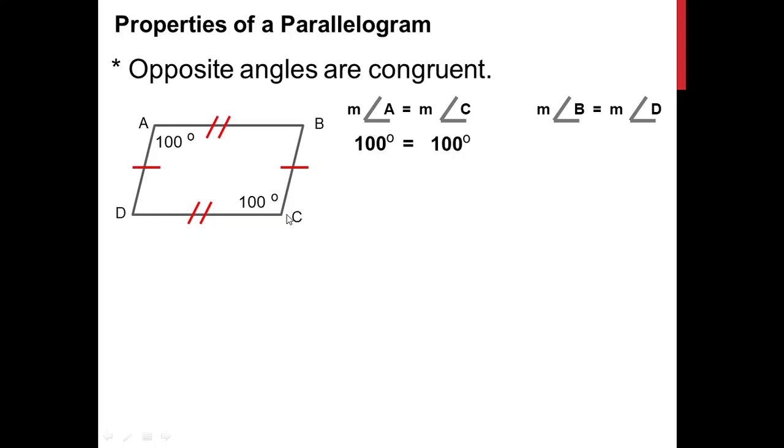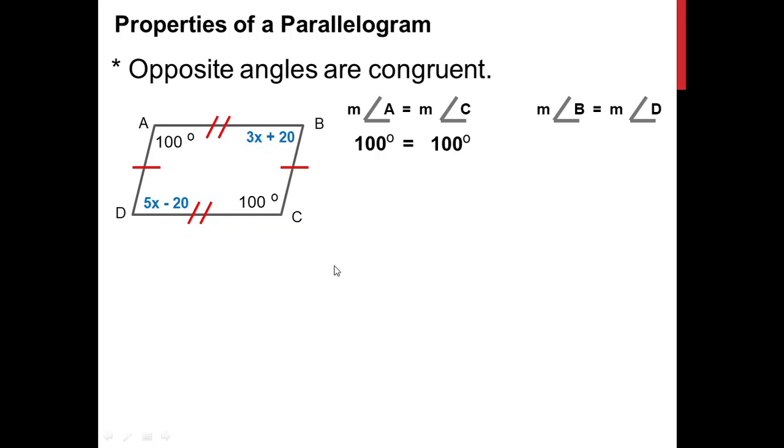Now, what if my angle D is equal to 5x minus 20 and my angle B is equal to 3x plus 20? Let's try to solve x and see if angle D would be equal to angle B given this algebraic expression.